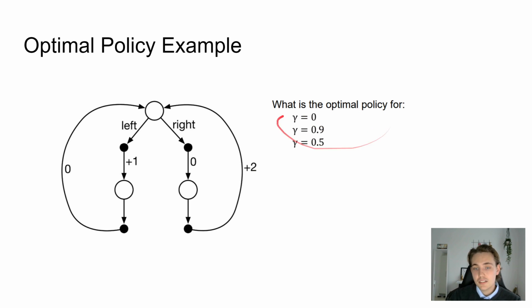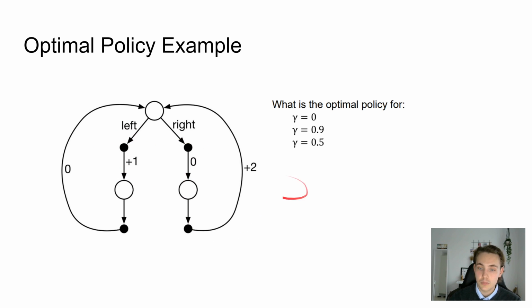So we can instead set the gamma equal to 0.9. We have to find some kind of balance when setting our gamma while we're training our reinforcement learning agent. In this case, when we have gamma equal to 0.9, then we also care about the future rewards. If we're taking the left turn, we can see that we will still get 1 here, and we will get 1 for the next.